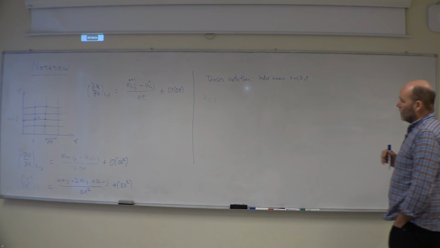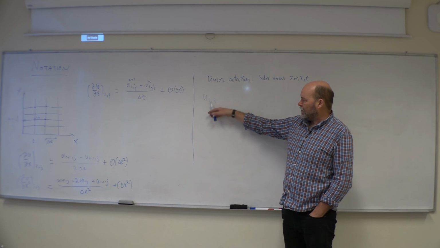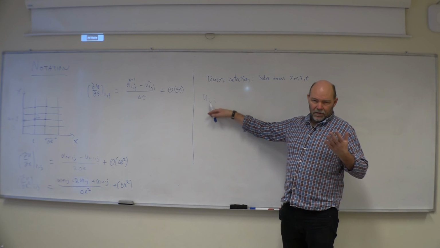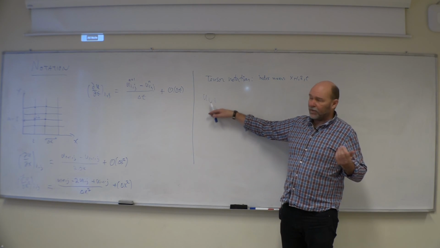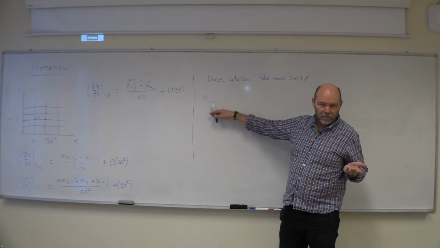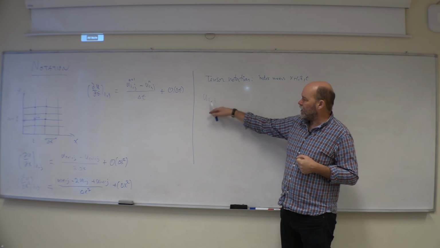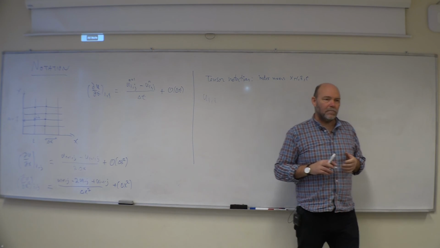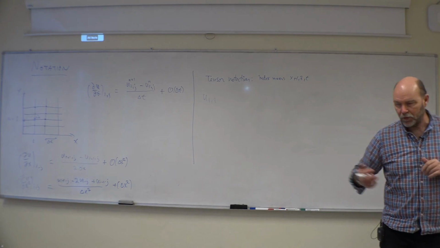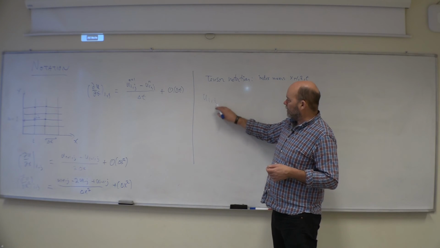So when you have an expression like this with an index, this means either 1, 2, or 3, or x, y, or z, meaning the velocity in the x direction, velocity in the y direction, and the velocity in the z direction. When you have the same index twice in a term, that means you have to sum them together for all different indexes.